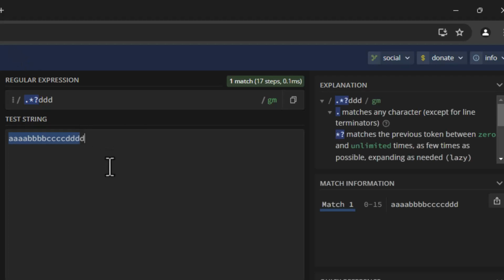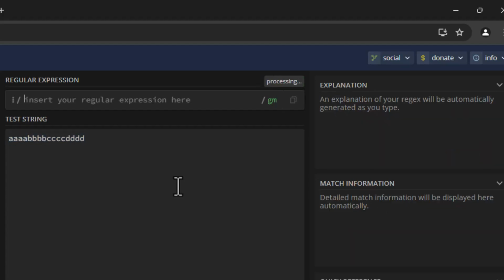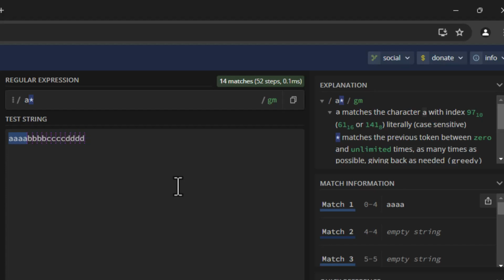Okay, let's have a quick look at the plus sign as well. So if I go here, in fact, dot star is a paired example for this. So I say a star plus, and it's going to capture all the A's, and here it also says it matches the previous token between 0 and unlimited times, as many times as possible without giving back.